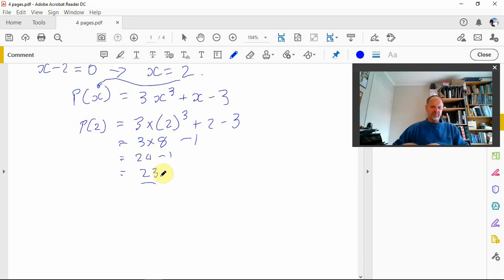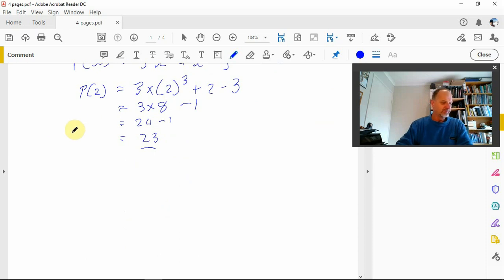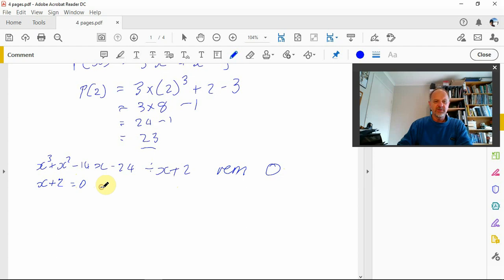And so if you check that with more stuff, so like, for example, x cubed plus x squared minus 14x minus 24, divide that by x plus 2. And last lesson, in the last video, we found that the remainder of this was 0. So here, if I'm looking at what the value of x has to be for x plus 2 to be equal to 0, well, of course, it's got to be minus 2.